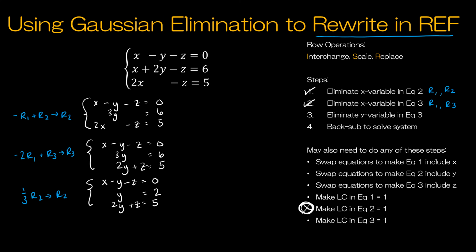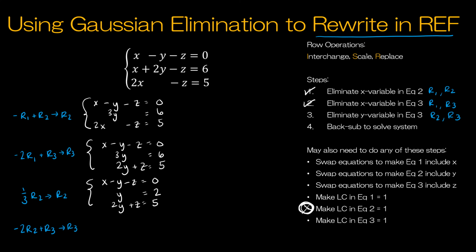Now I want to eliminate the y variable in equation 3. So this is the y variable in equation 3. It's +2. I'm going to have to add -2y to it. So it makes sense that I would take -2 times row 2 to add to row 3 to be my new row 3. Again, so often, or all the time really, you're going to be looking at row 2 and row 3.